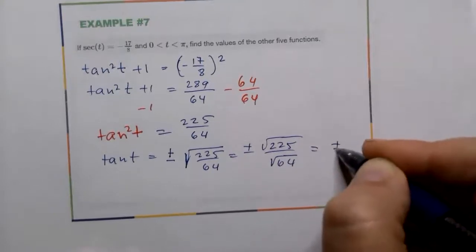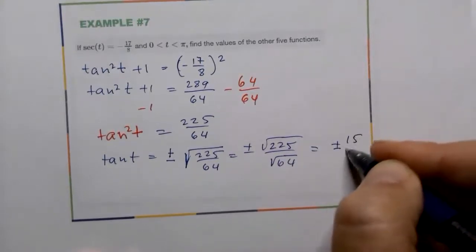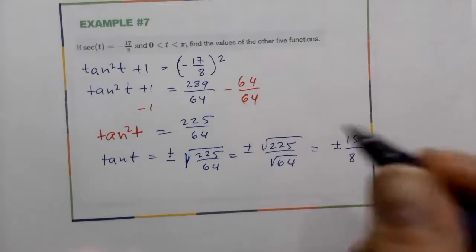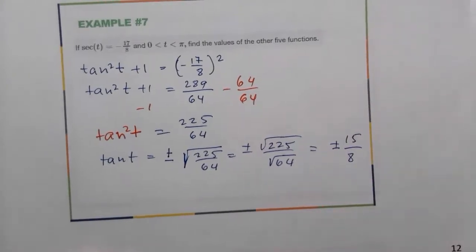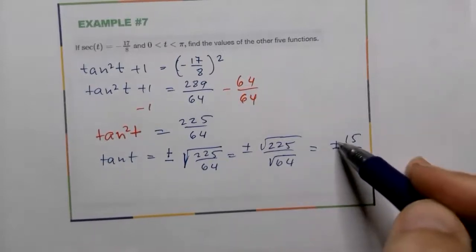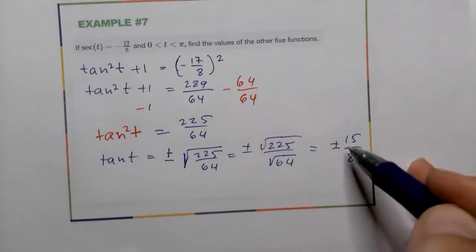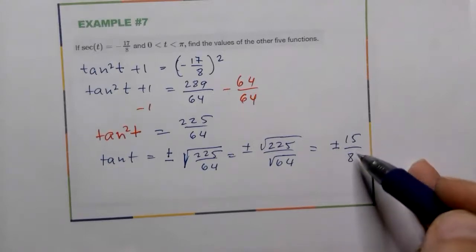And root 225 is 15, so we get 15 over 8. Now I have to choose between positive 15 over 8 and negative 15 over 8.